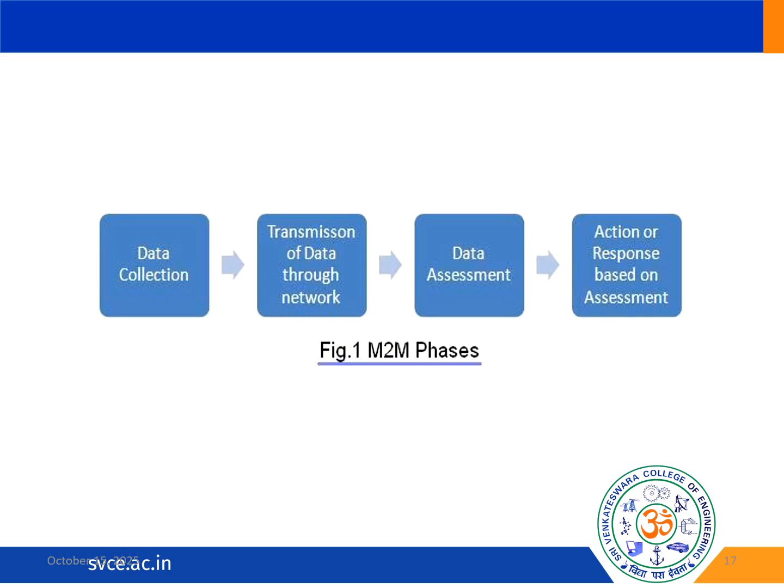So when you consider M2M architecture, we have some architecture components. First, you have to consider things and devices. So when you consider things and devices, these are equipped with communication capabilities, which always interact with the other components of the M2M system.